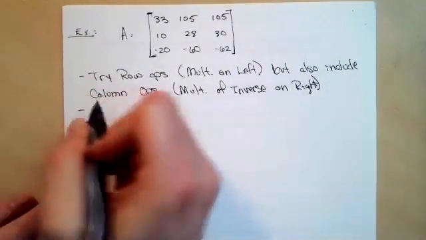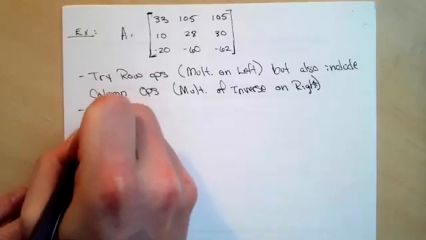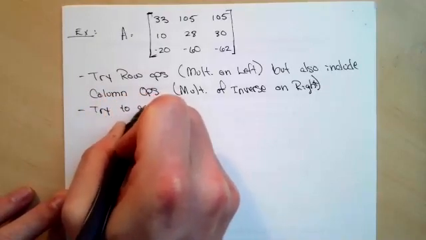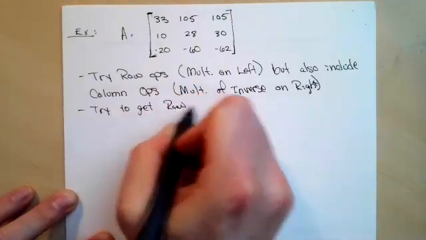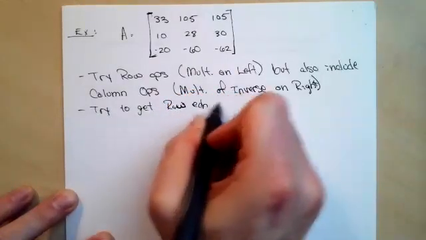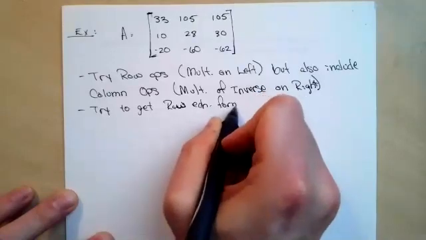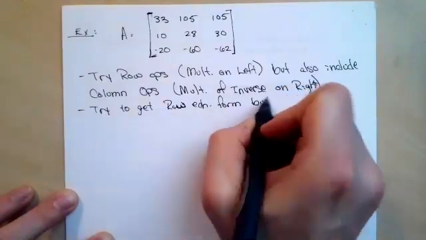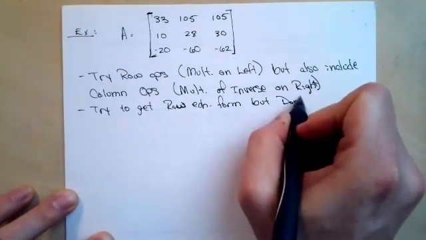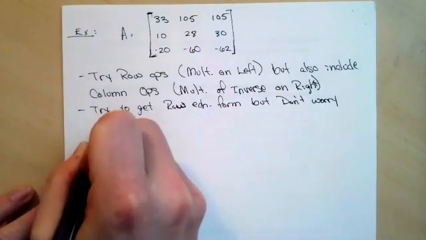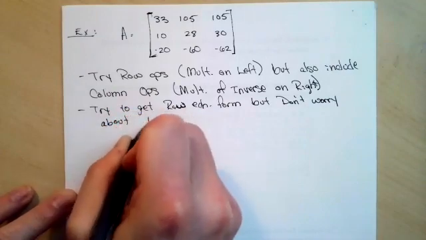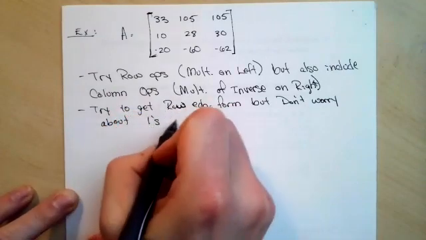And then the other thing to note is to try to get to row-echelon form, but what we're not going to worry about is the ones for leading entries.